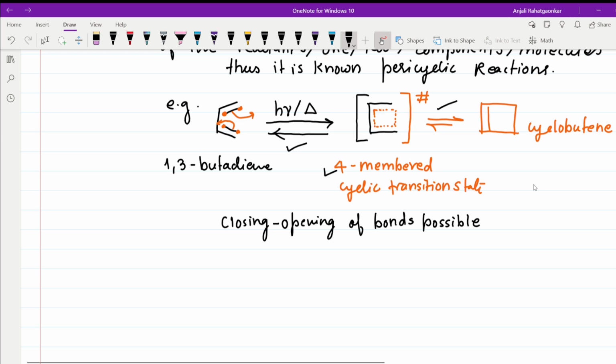So this is an electrocyclic reaction. We will see a brief idea in the next few lectures. So here it is just a brief idea about the significance of the reaction. So this is one of the reactions.